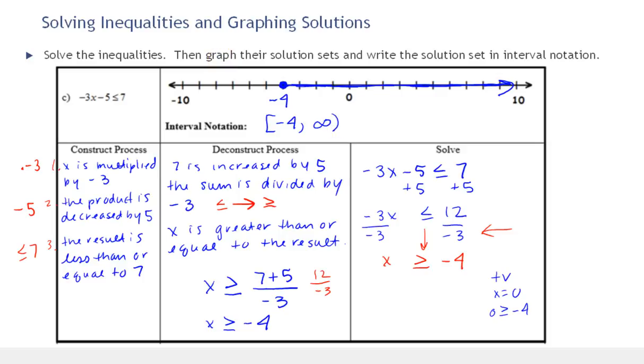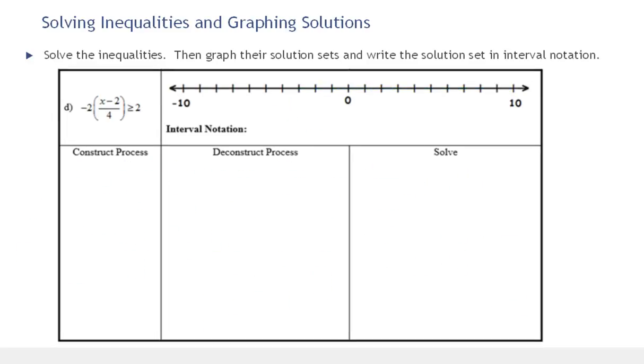Now let's look at the last one. Okay, let's look at our construction process. So we're going to start with x and decrease by 2. So x is decreased by 2. Then that was a difference, so the difference is divided by 4.